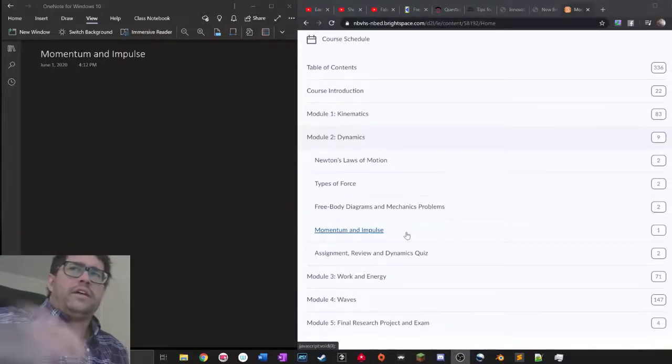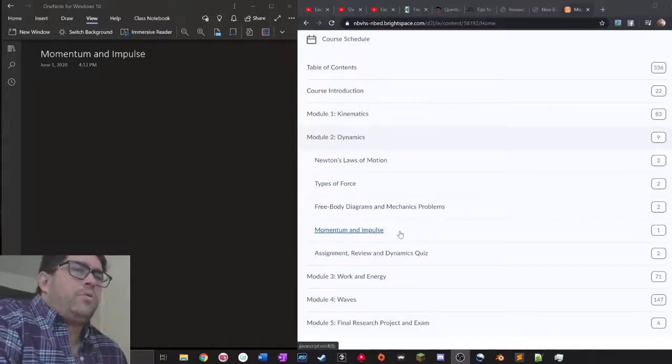We're going to be looking at momentum and impulse in physics, which will be the last bit of information in terms of moving objects, which is dynamics, the forces that are related with them. This one has not to do with diagrams of force necessarily, but a few new formulas and new concepts and ideas.